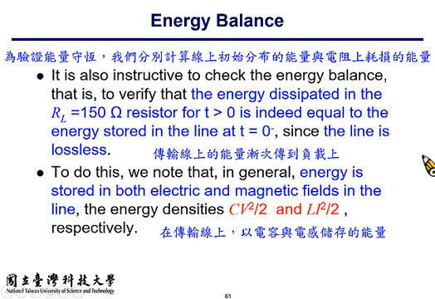One part is the energy stored in terms of capacitor, and the other is the energy stored in terms of inductor, which are used to analyze the problem using circuit terminologies.